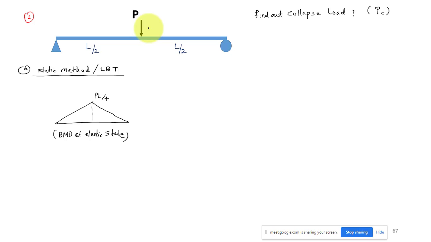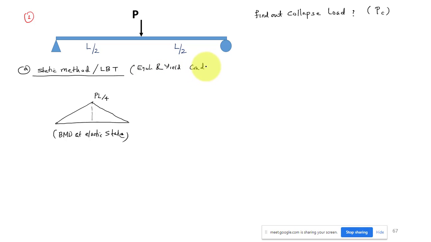First we are applying the static method, or lower bound solution, to solve that. In this method we have to draw the moment diagram at the plastic state, because it must satisfy your equilibrium and yield condition.